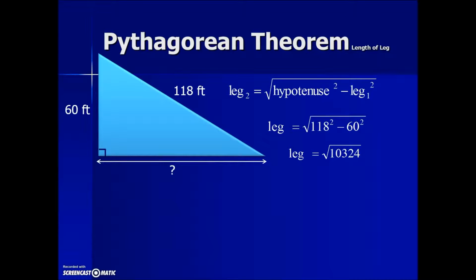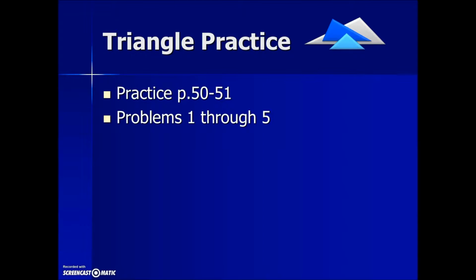Last step is to take the square root, and the length of this leg is 101.6 feet. This leg should not be greater than the hypotenuse, since the hypotenuse is always the longest length in a right triangle. You can find additional practice on these types of problems on page 50 and 51.